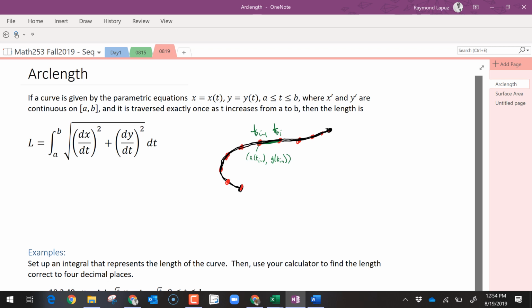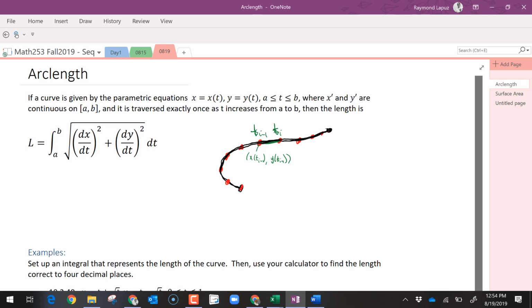You guys remember what the formula is for the distance between 2 points? Like if I have (a, b) and (c, d), what's the distance between 2 points? Distance formula, remember? The difference of the x's and the difference of the y's, and then you square it.